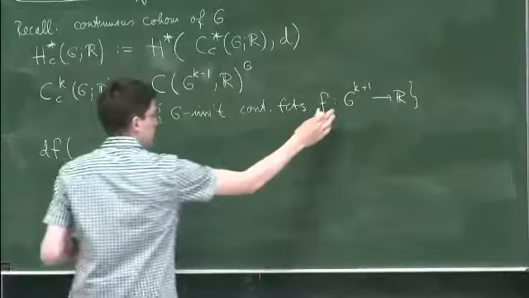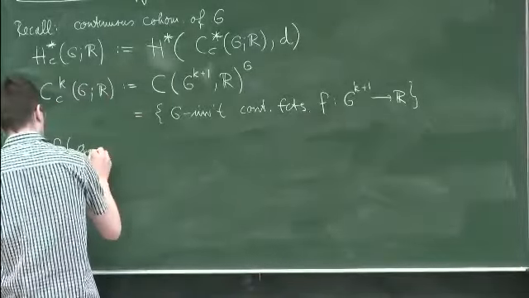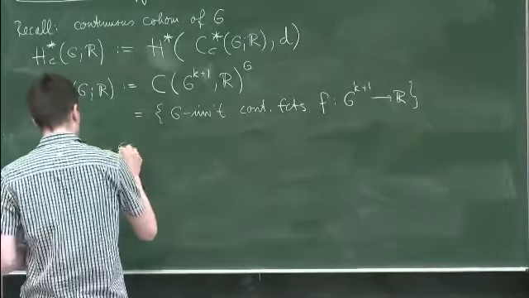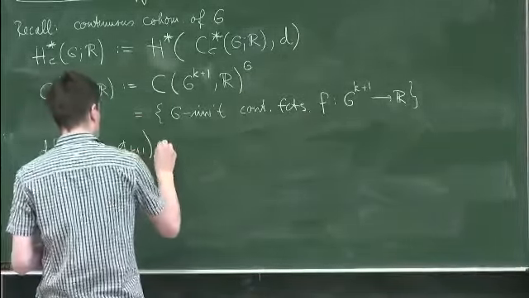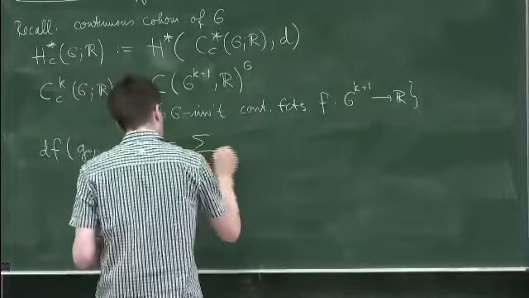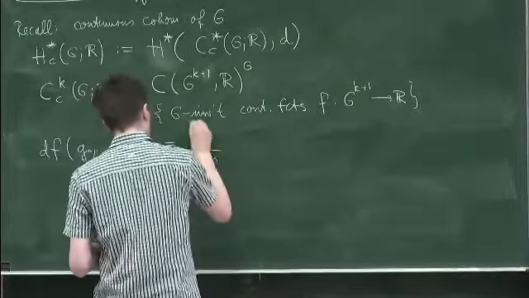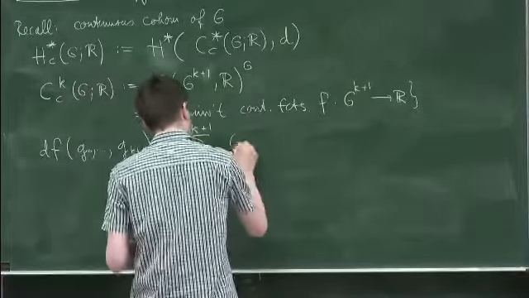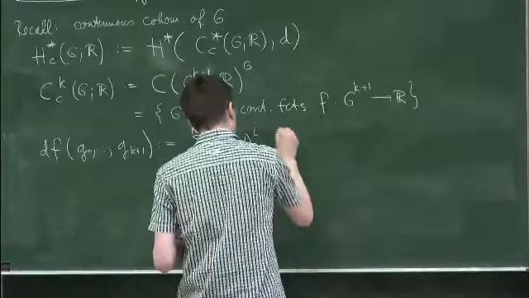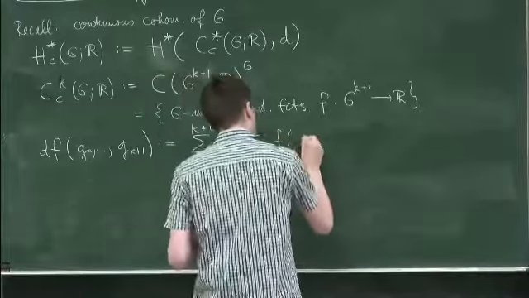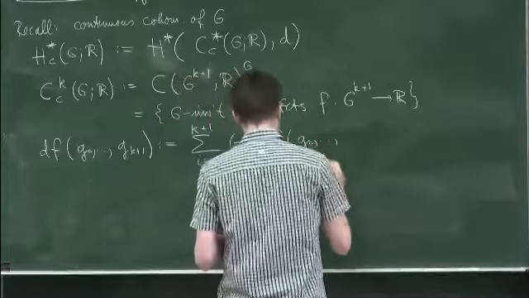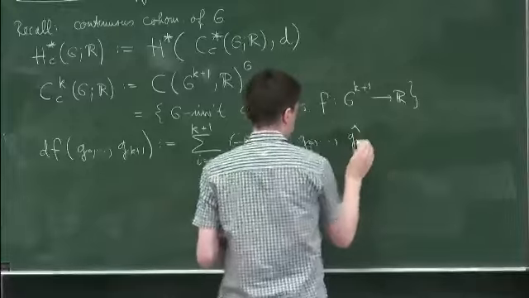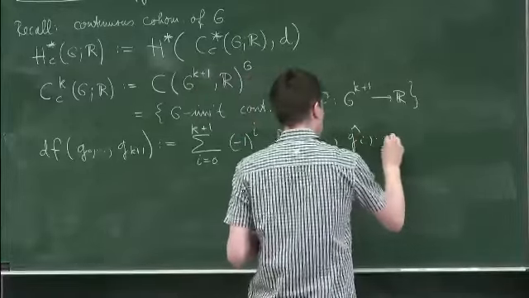So taking a function like that, we can plug in elements of G, k plus 1, and it is given by the alternating sum with a sign, where we plug into f all but one element. So this means the ith element is omitted.